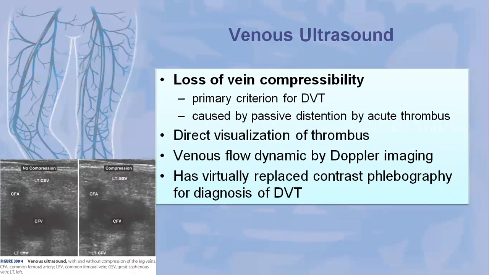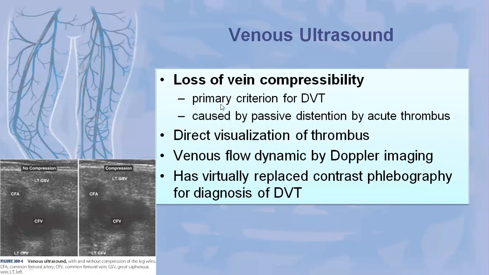How about venous ultrasound? This is a diagnostic imaging that we use for deep vein thrombosis. The primary criterion for deep vein thrombosis is loss of vein compressibility. This is caused by passive distension of the acute thrombus.